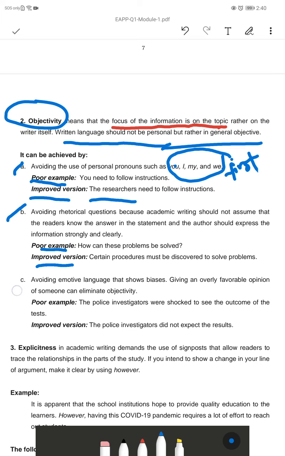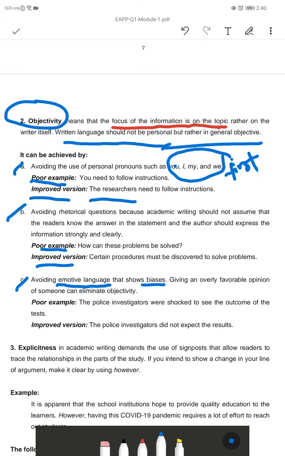Okay? Finally, to achieve objectivity, we should avoid emotive language. Emotive from the word emotions, meaning these are words that we use that show emotion that also show biases. I believe you all know biases, especially those who are K-pop fans.